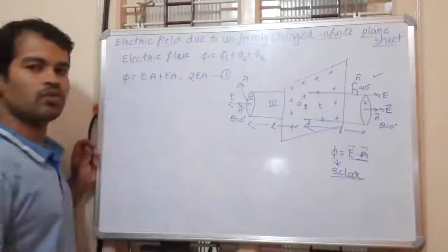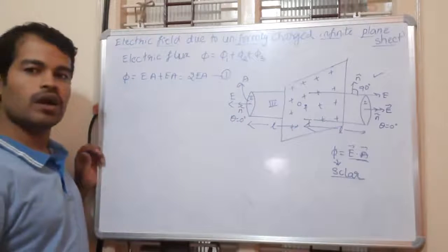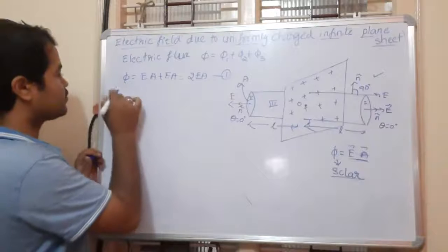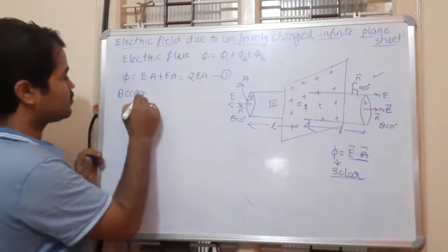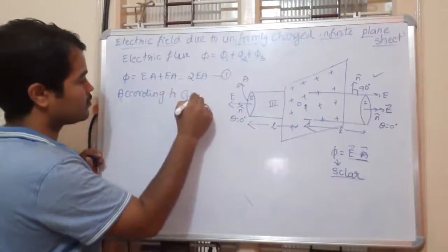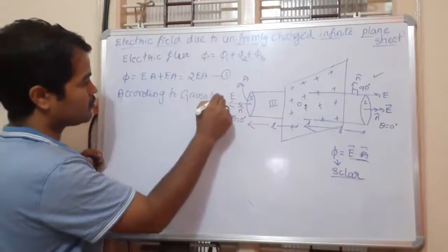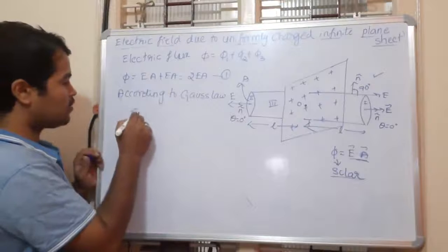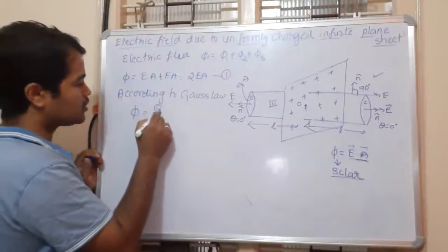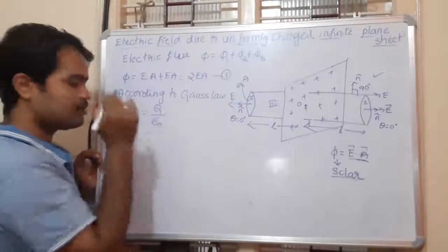Similarly, now we need to use Gauss theorem. What does Gauss theorem say? According to Gauss law, the total electric flux through any closed surface is equal to the total charge Q by epsilon naught.